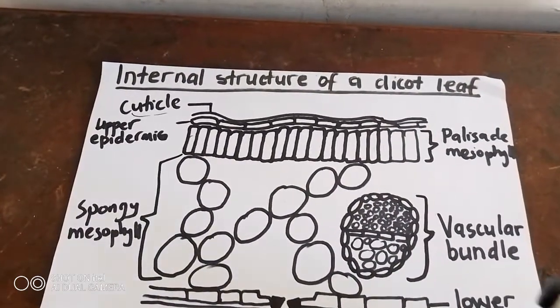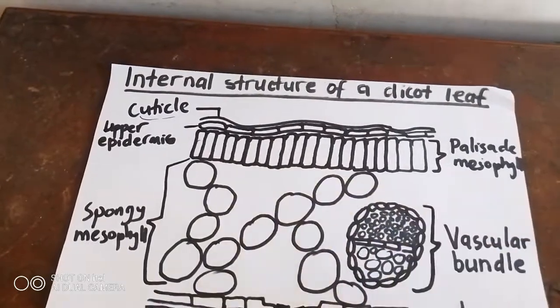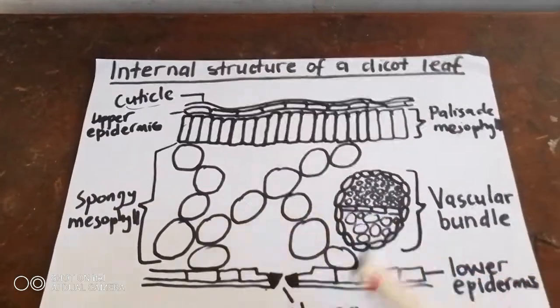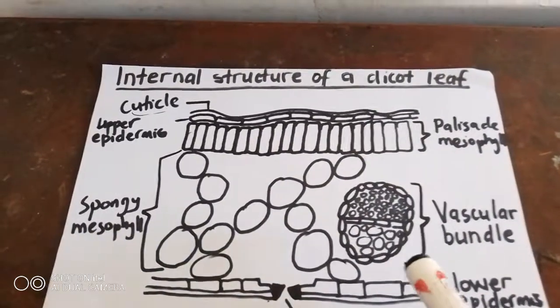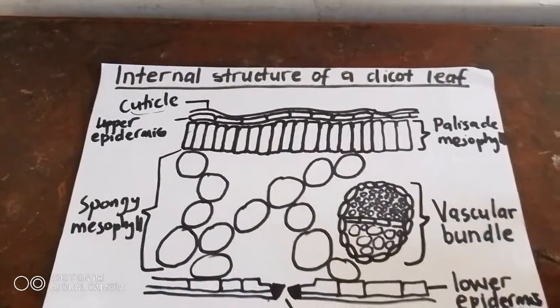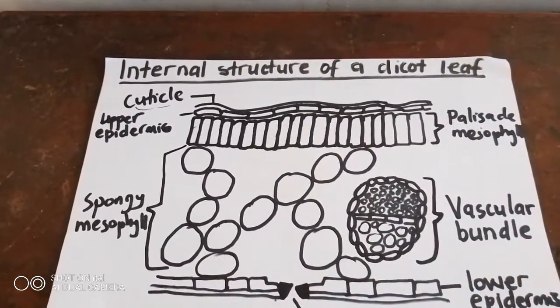Right. And the xylem transports water and mineral ions, whereas phloem transports food like sugars through the process that we call translocation. Right, let's move on to the next part.